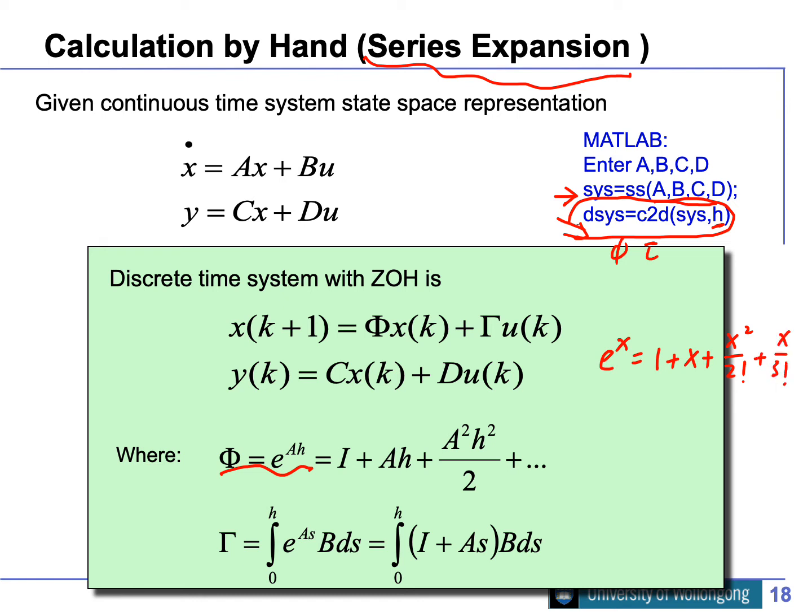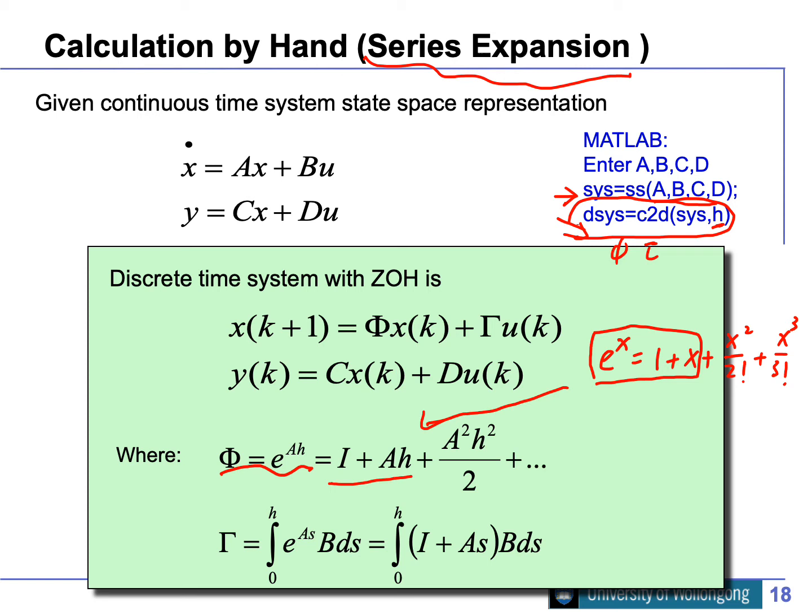That's the Taylor series expansion. So we take this part, just take the linear part, then we can represent it like this.